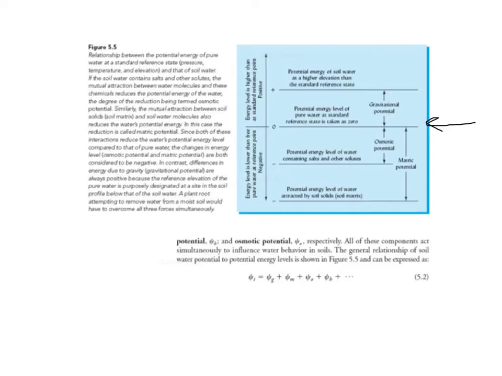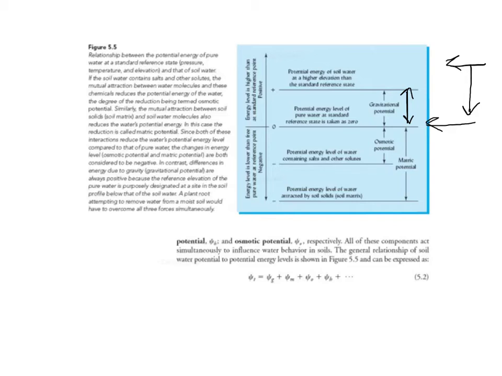So that's our reference state, and we can have water in a soil that moves from a higher elevation to a lower elevation, to that reference state, and that's caused by gravity. So you can see this gravitational potential right here. Okay, and so that's one way we can describe how water moves in soil: from a higher elevation to a lower elevation.